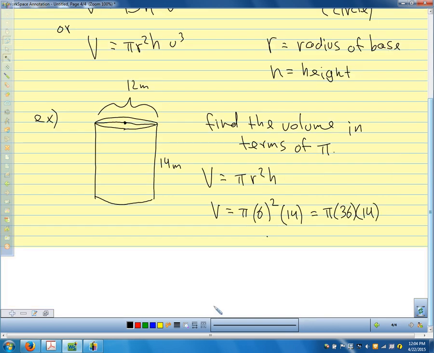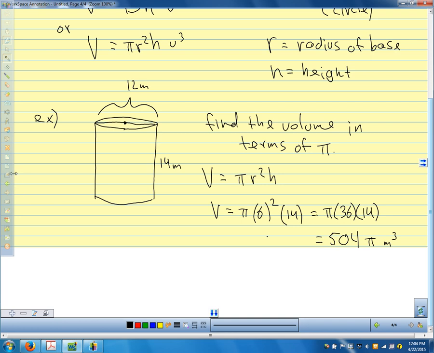And I multiply 36 by 14 and leave the pi in there, so 36 times 14 is 504 pi cubic meters. And that would be my answer in terms of pi, or my exact answer. All right, questions on that example? Nice, easy one.